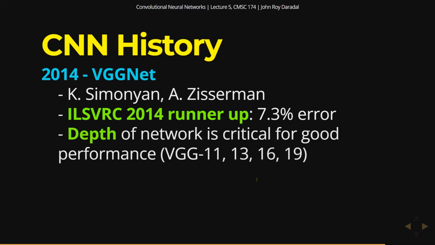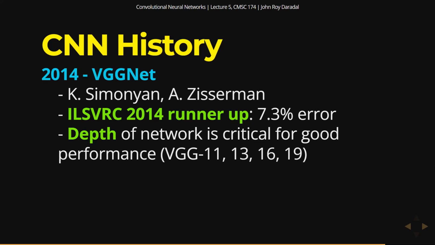Its important contribution was that they showed that the depth of the network is critical for good performance, because they had a version of VGGNet with 11 layers. It was good.